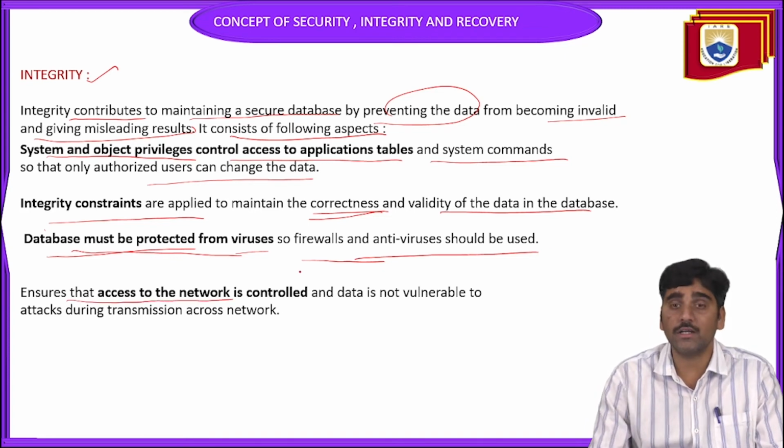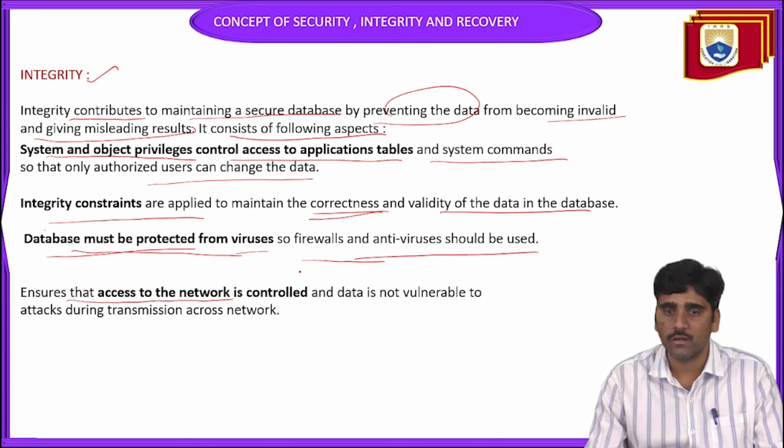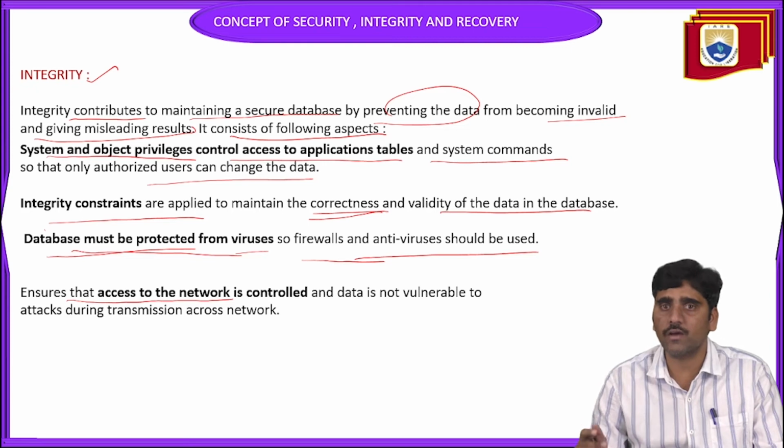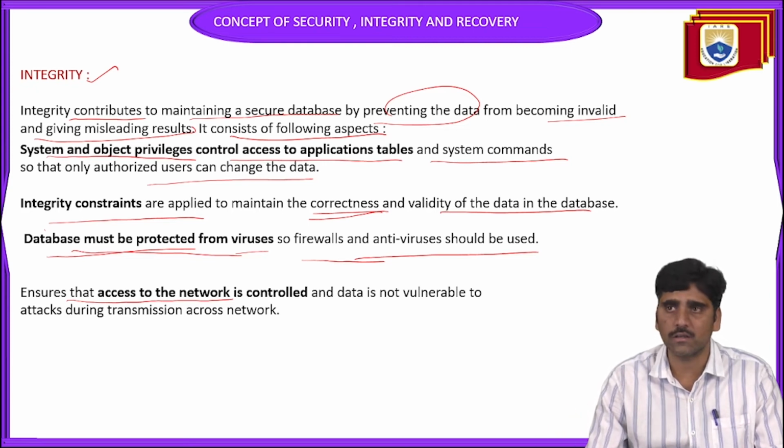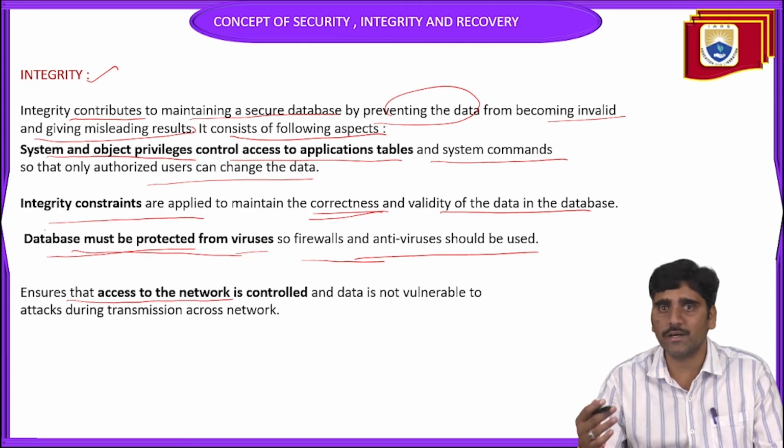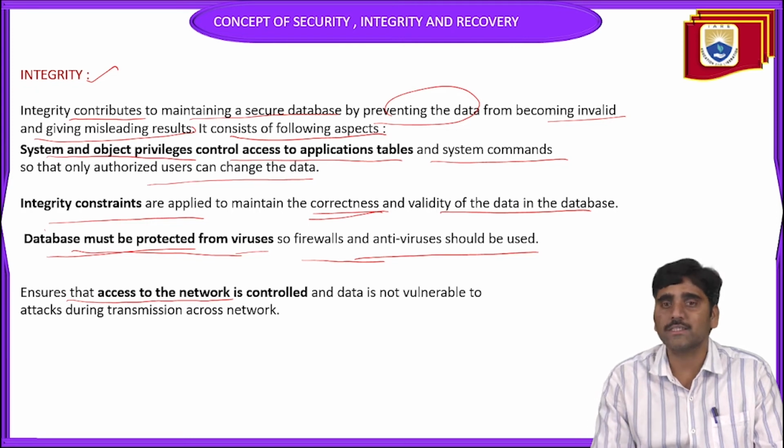Ensure that access to the network is also controlled. Giving permissions to access the network to everyone is very dangerous, because some untrusted users can enter the network. They can access the whole network and all the data itself.